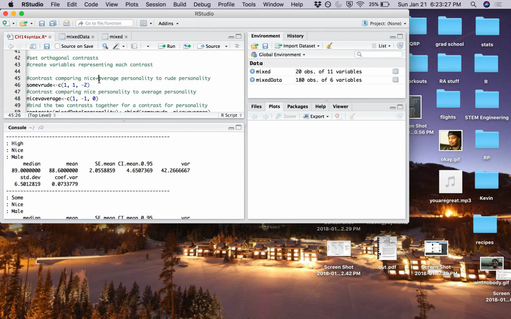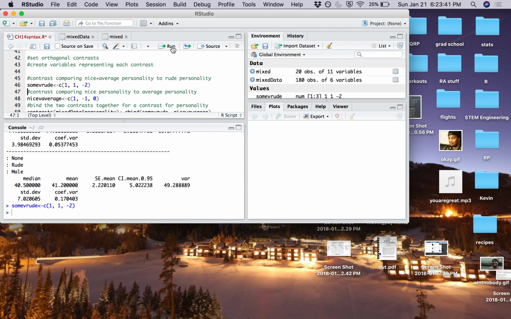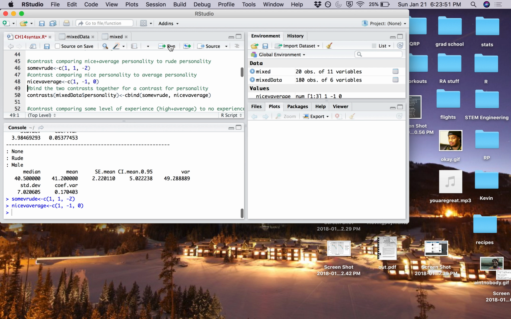And the contrasts are going to compare some personality. So if they had nice or average level personality, since we're saying that rude is the control, to the rude personality. That's what this first one is. And then compare the nice personality with the average level of personality, so differentiating between these two that we had specified before.